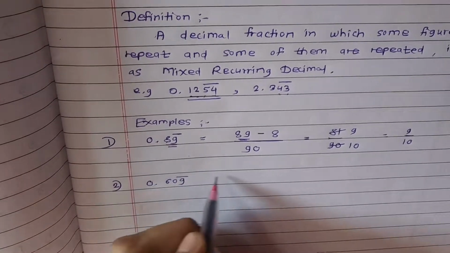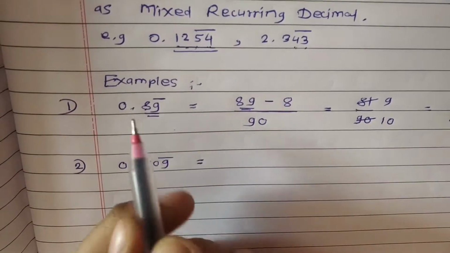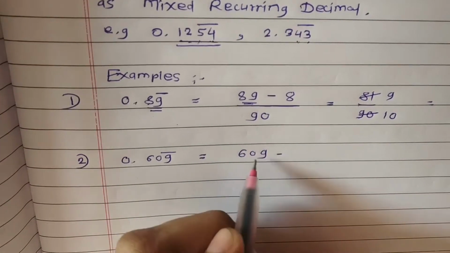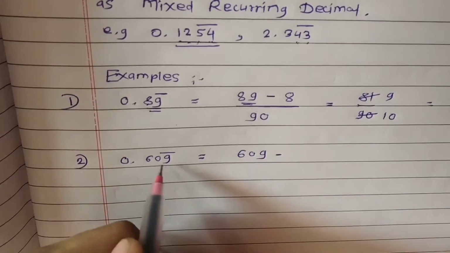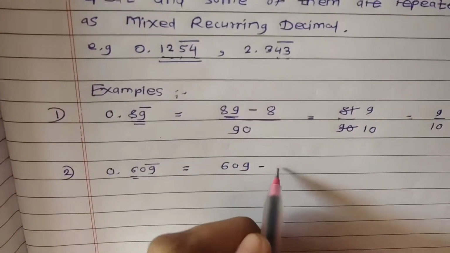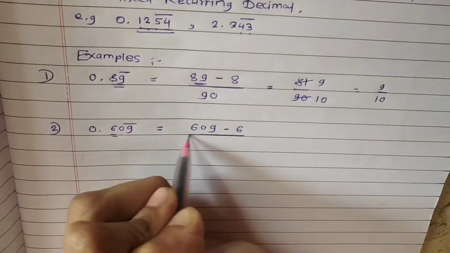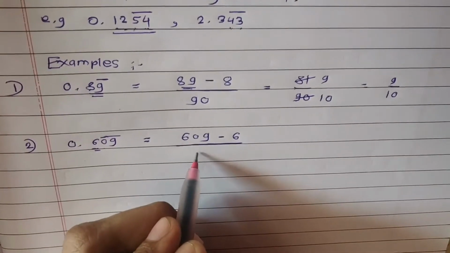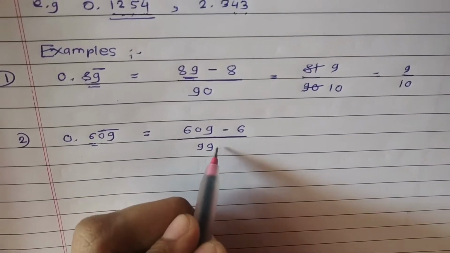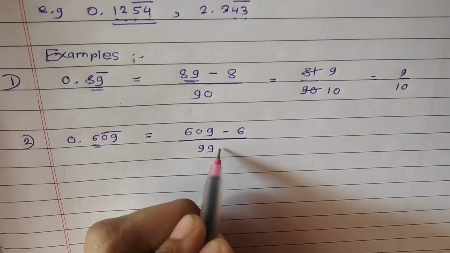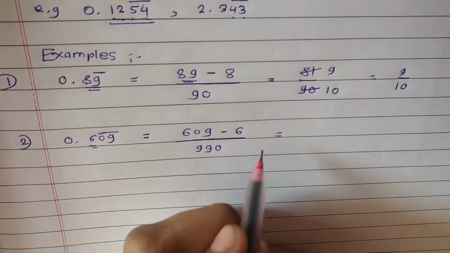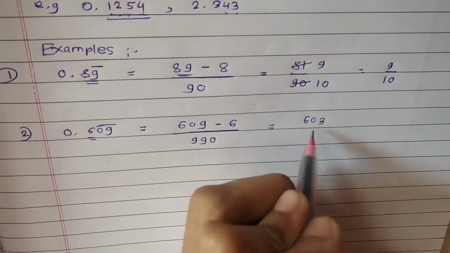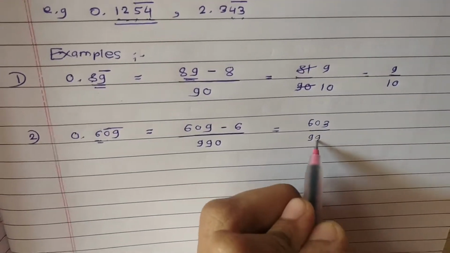Second example is 0.609 bar. Solve similar to that example. 609, write the number as it is, minus the number over which bar is not represented, upon the number over which bar is represented. You have to take that many 9s in the denominator, and for the number over which bar is not represented, 0 for that number, and solve. 609 minus 6, which is equal to 603 upon 990.